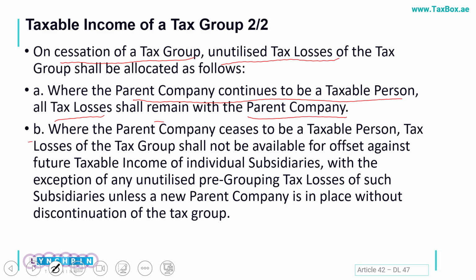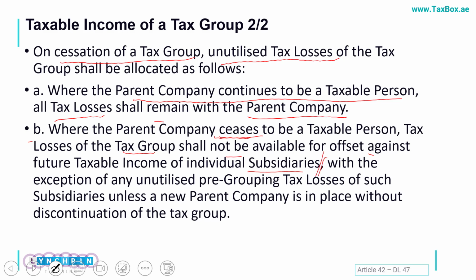The second scenario is where the parent company altogether will cease to exist. In that case, tax group losses will not be available to offset against future taxable income of individual subsidiaries. Very important up till here.